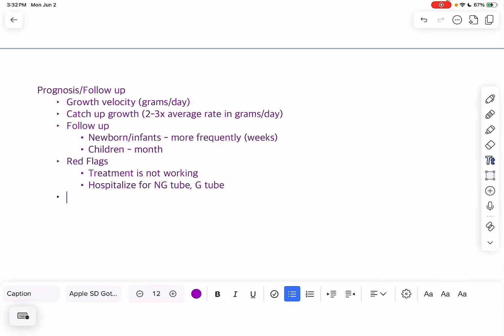One other thing, as far as prognosis, that's very interesting, and not super well studied in the literature actually, is that there is a link to neurodevelopmental disabilities and behavioral difficulties that may plague children if they're not getting adequate nutrition, especially vitamins and minerals. Those might be deficient. Decreased IQ has even been linked to failure to thrive.